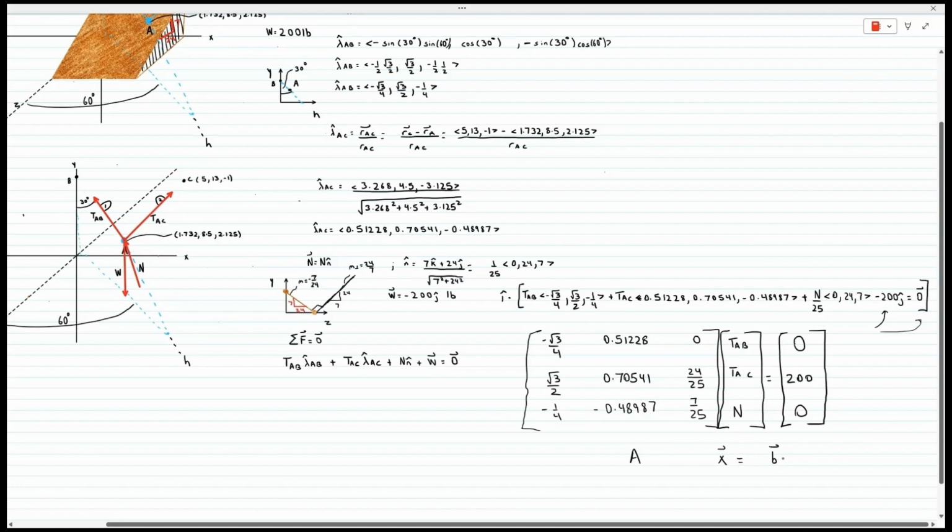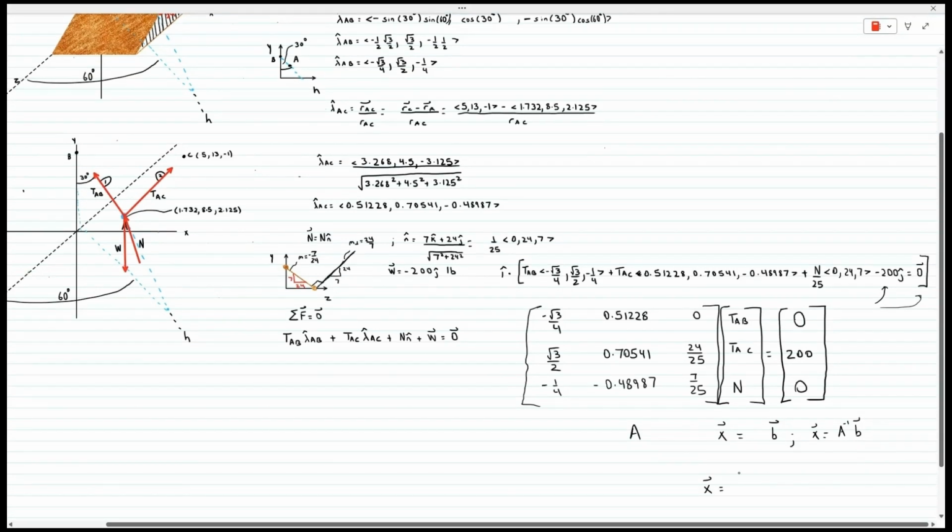This equation has the form Ax equals b, where A is a matrix, b is a vector, and x is a vector. If we take the inverse of A and multiply it on the left side of this equation, then what we get is this. And our solution is 53 pounds, 45 pounds, and 126 pounds.